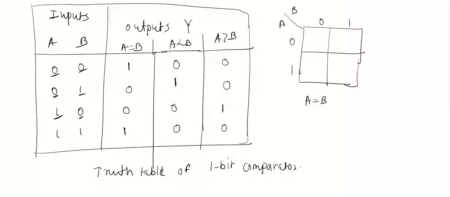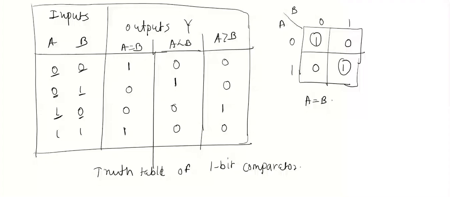Now we'll plot the K-map. The output will be 1, 0 and 0, 1. No pair is possible; all are isolated 1s. Now the Boolean expression for A equal to B we can write like this.